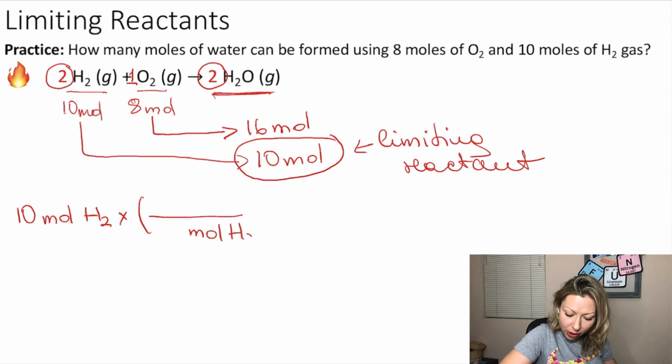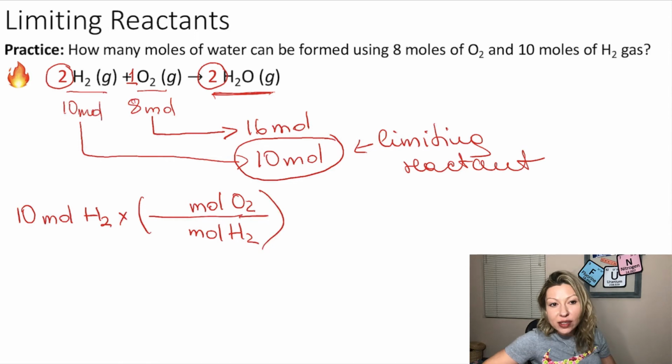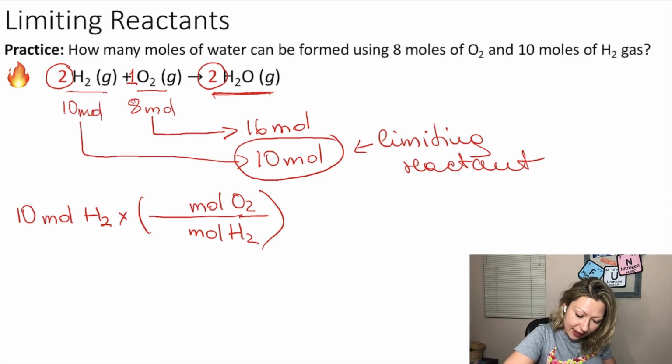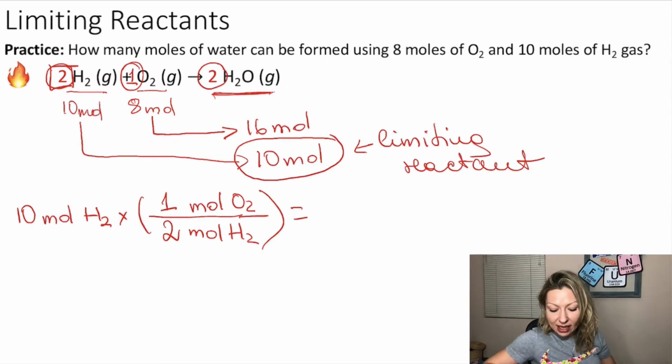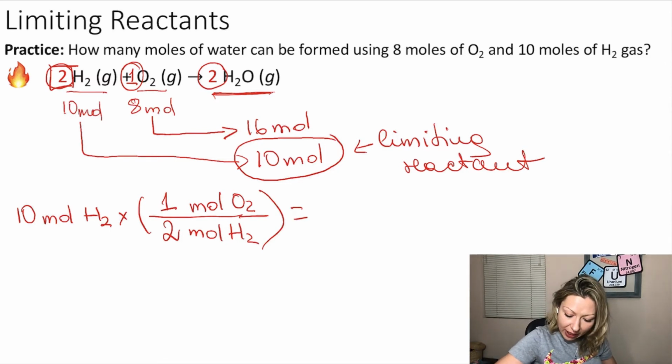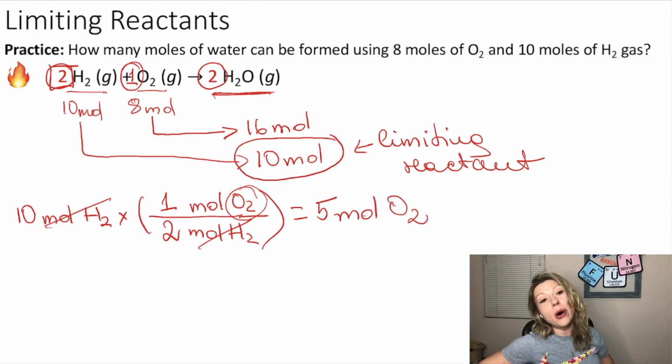So I'm converting from moles of H2 into moles of O2 using the coefficients from the reaction. I can see that next to H2 I have a 2 and next to O2 I have a 1. So this means that 10 divided by 2, I only need 5 moles of O2 to use up all the 10 moles of H2 that is given.